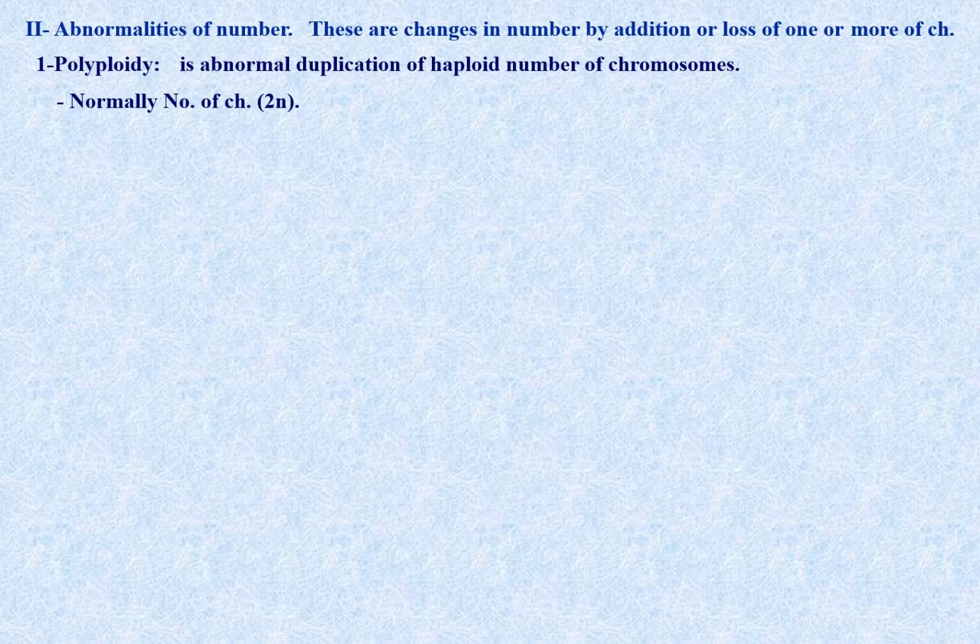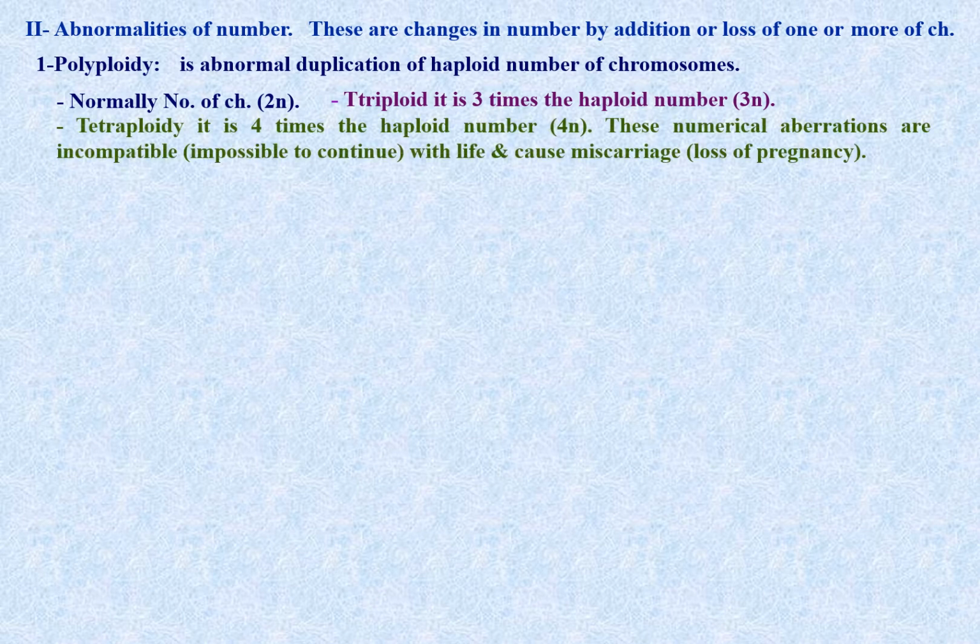In triploidy, it is 3 times the haploid number, 3n. In tetraploidy, it is 4 times the haploid number, 4n. These numerical aberrations are incompatible with life and cause miscarriage, that is, loss of pregnancy.